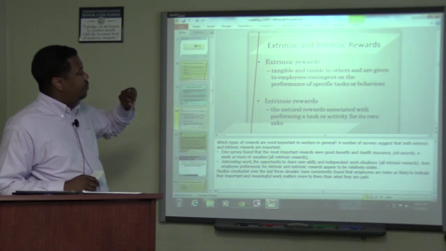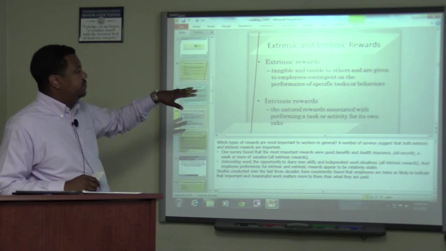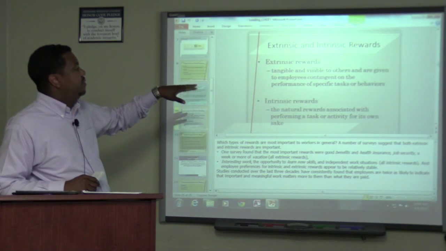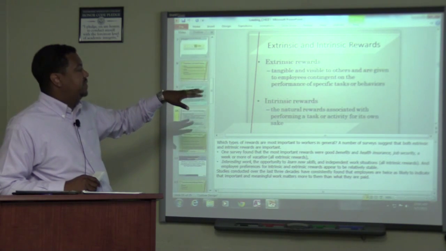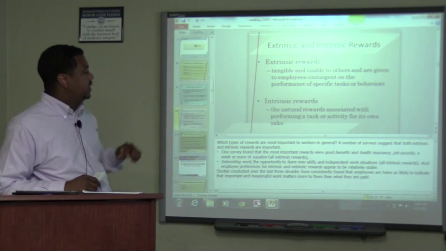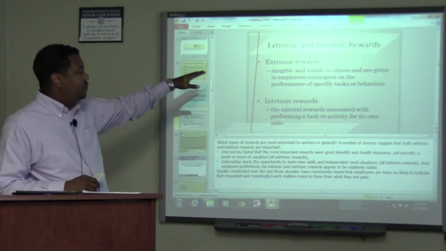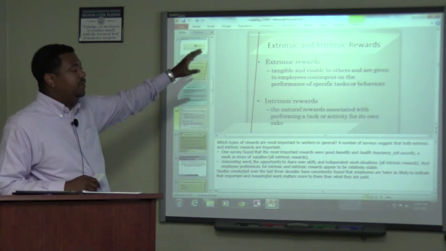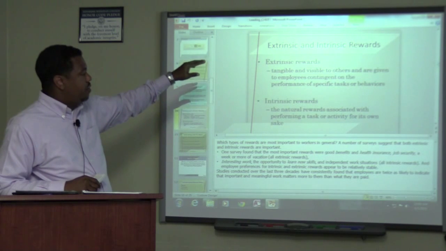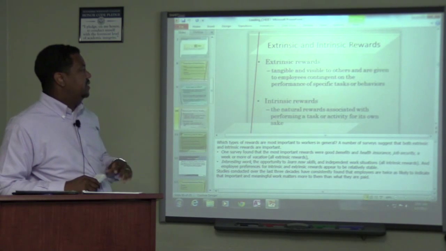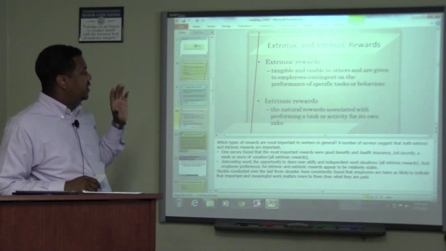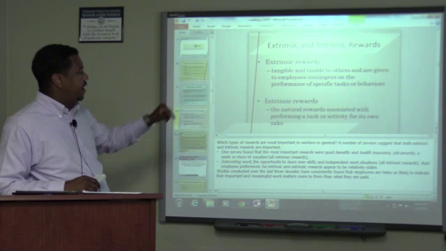These extrinsic rewards are tangible, visible to others, and given to employees contingent upon performing specific tasks or behaviors. Those are things like our fringe benefits package, the salaries we can provide employees, and reward and recognition. Those are the types of things that are important to individuals when we think about extrinsic factors.